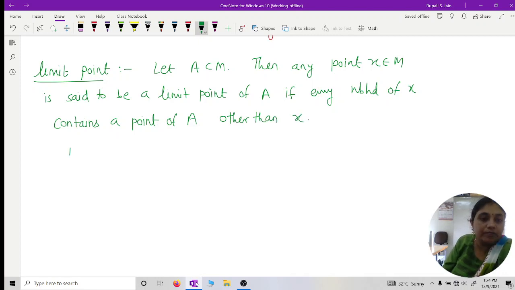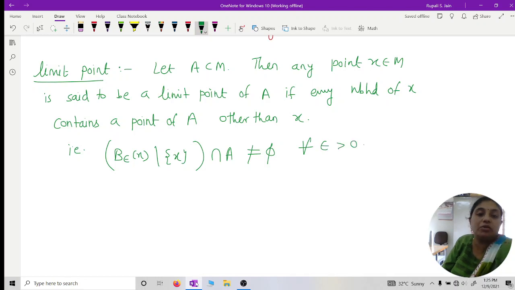That is, B epsilon of x is the neighborhood of x, and other than x means we remove that x. So B epsilon of x minus the singleton x, intersection A is non-empty for every epsilon greater than 0. Then this x is called a limit point of A. Okay.